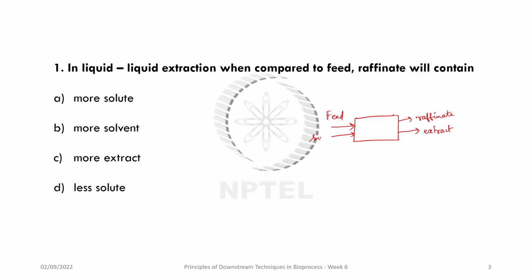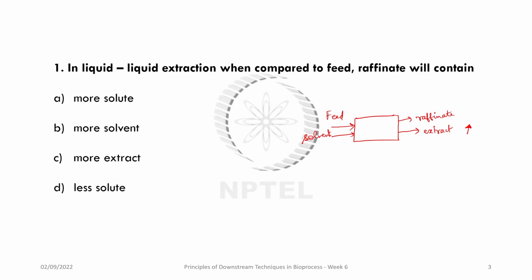This is your solvent that is used for extraction. So solvent which goes in with a lower concentration of solute gains more concentration of solute while coming out, right?